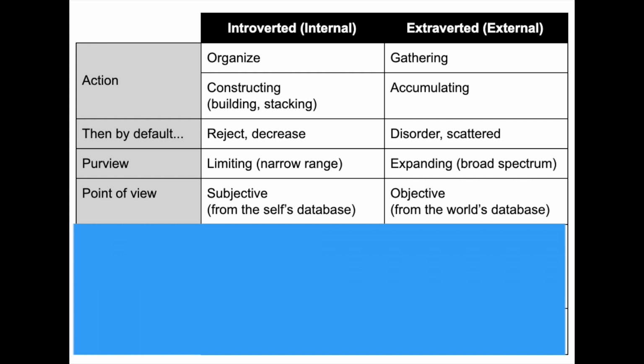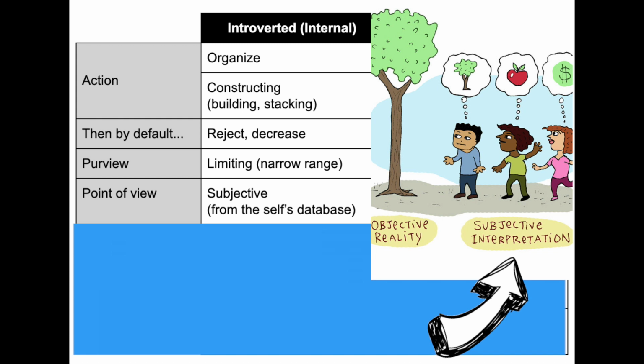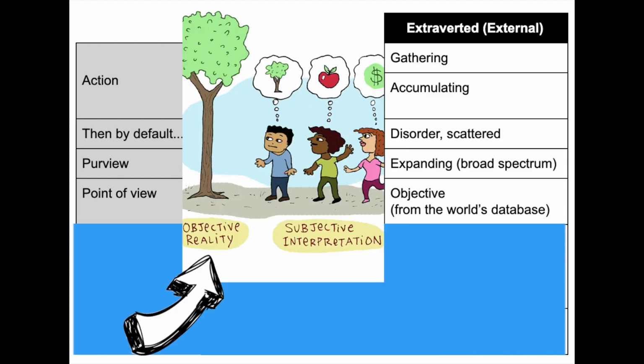For the introverted function, it is considered subjective because it is from the person's own database. And so it is their own thoughts and feelings, their own observations, versus the extroverted function, which is taking it from the world's database. It's more broad, so that means it is pulling from what is reality, what is out there, what is the outside world saying, doing, thinking, feeling.